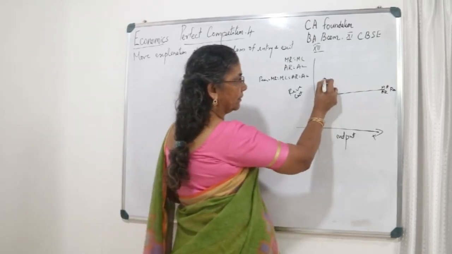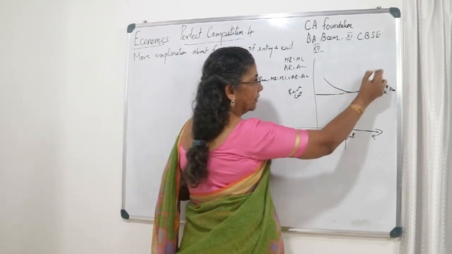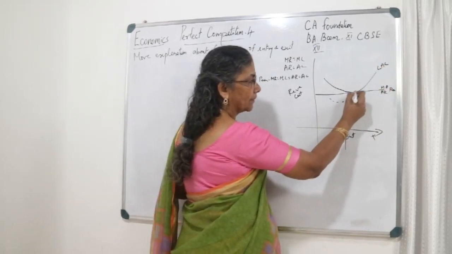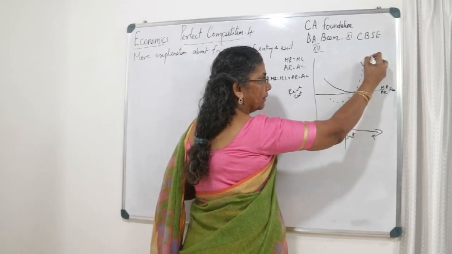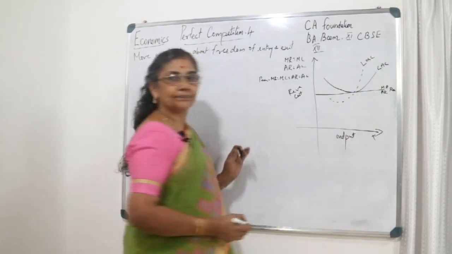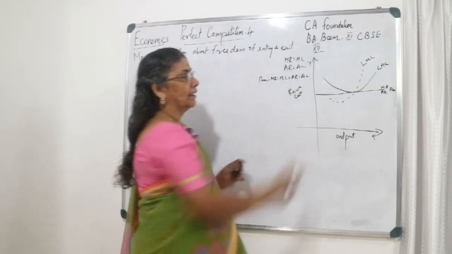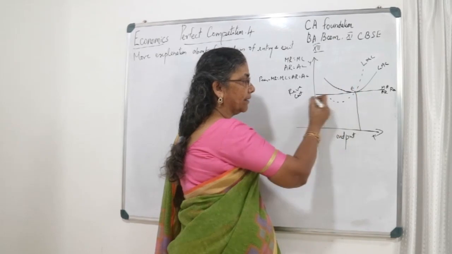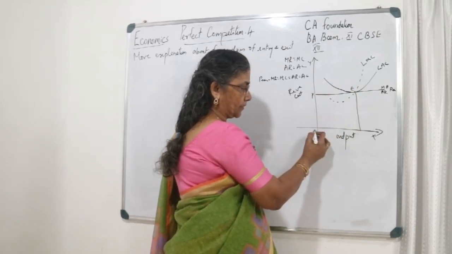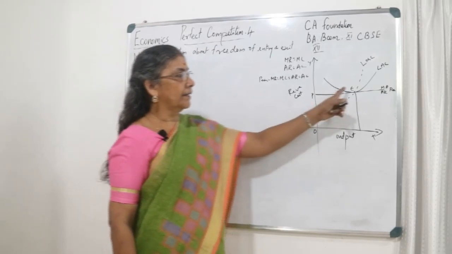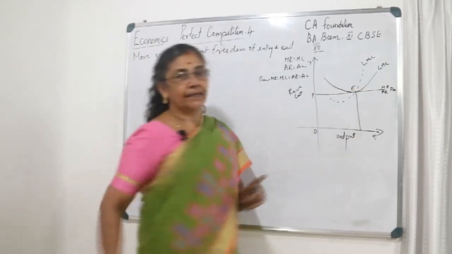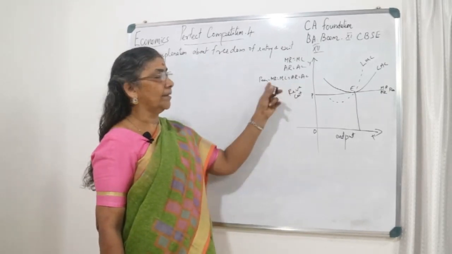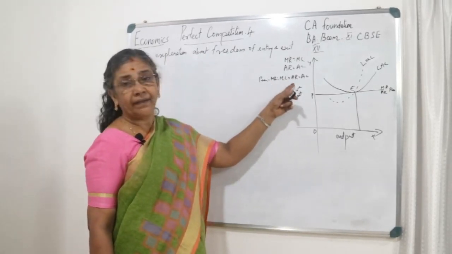And drawing the long run average cost curve and long run marginal cost curve, and this is the equilibrium point where they make a normal profit. OP is the price of the product, and at this point AR is equal to AC, MR is equal to MC. So of course AR and AC are equal, MR and MC are equal, and MR is already equal to AR.